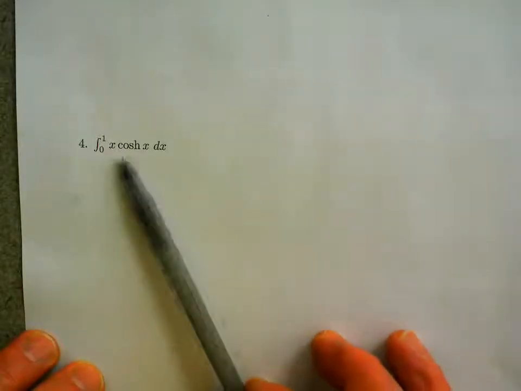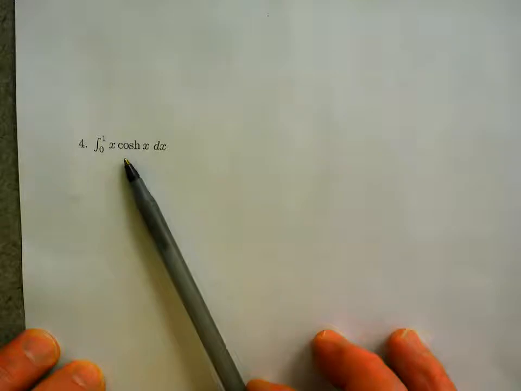So x times hyperbolic cosine of x dx. So pick one of those. We have a product, clearly a product of two functions. Pick one of them to be u, and then pick dv to be the other function with the differential dx.